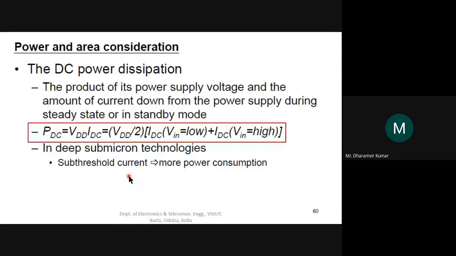That cutoff current can be neglected for a larger device, but when the device becomes smaller and smaller, the sub-threshold current becomes an important parameter and leads to more power consumption. So it has to be taken into account when the device is being scaled down.